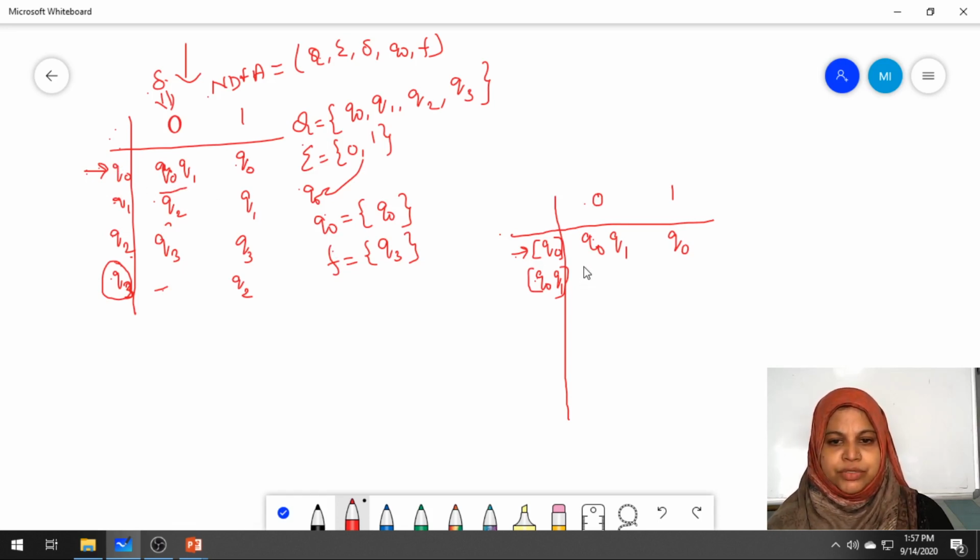The remaining state is Q1: Q1 on 0 is Q2, a new state, so we write Q2. Now Q0 on 1 is Q0. Next, Q1 on 1 is Q1.